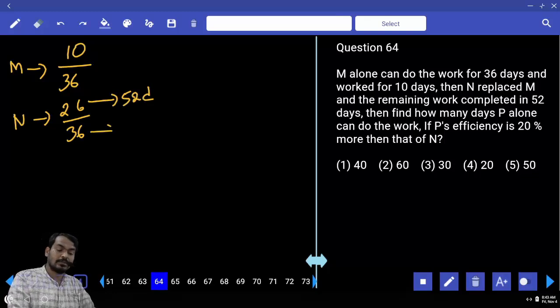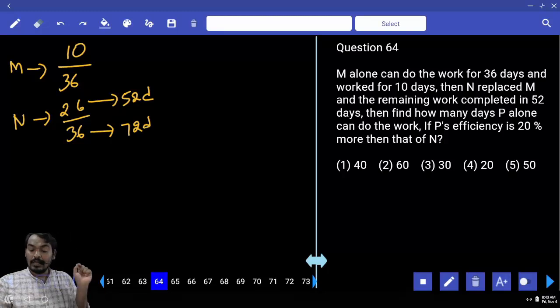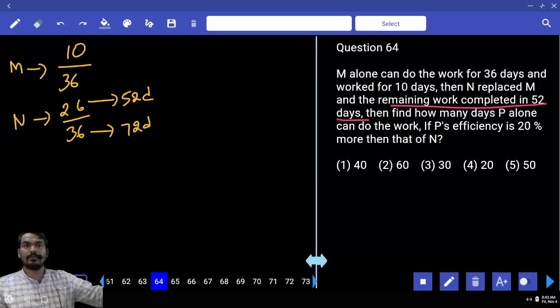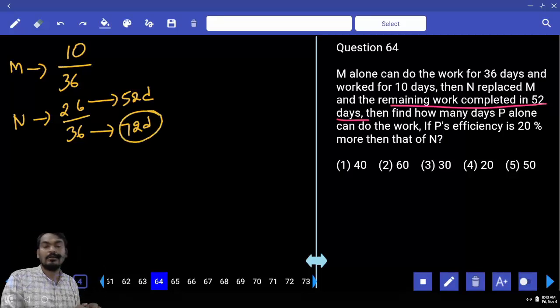Then 36 parts are completed in 72 days. Remaining work completed in 52 days means out of 36 parts, 26 parts are completed in 52 days. Then the total work is completed by N in how many days? 72 days.